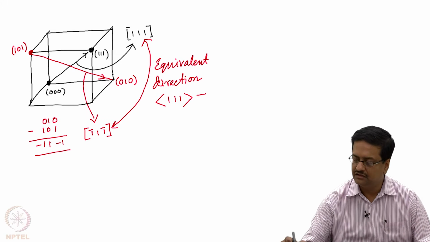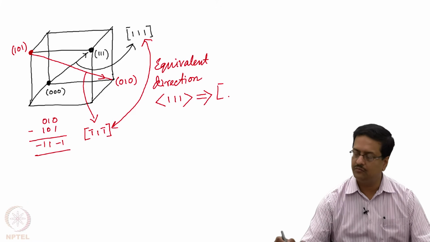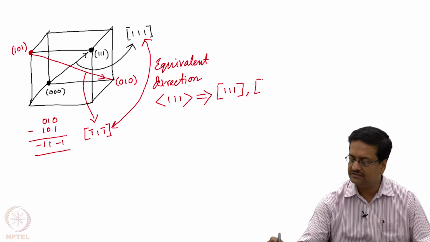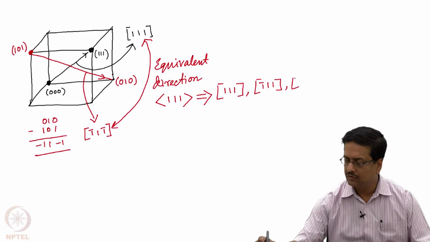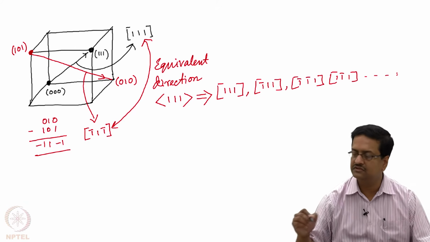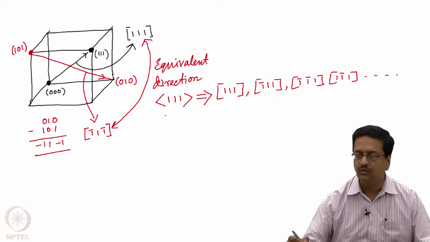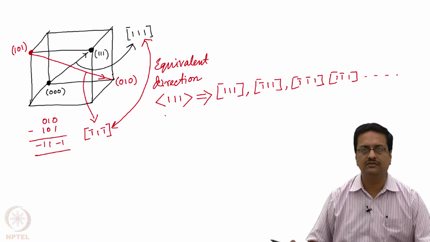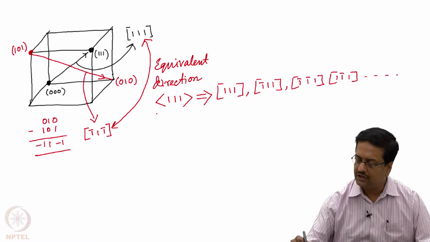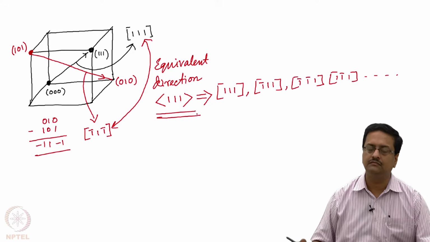It means that you are referring to all the directions which can be formed by combination of 1, 1, 1 with plus and minus signs on each. So 1 bar, 1, 1, 1 bar, 1 bar, 1, 1, 1 bar, 1, and so on. All possible combinations would represent one or the other body diagonal having different directions, and they are called the equivalent directions.